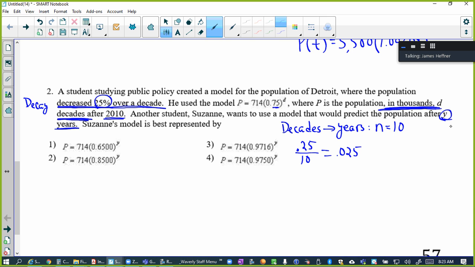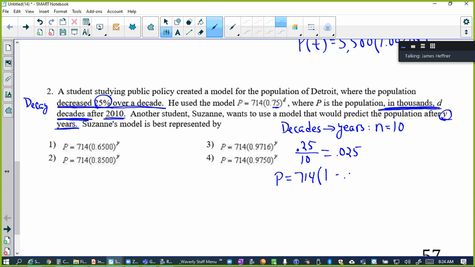It's going to be P equals what? P equals 714 times what? Times 1 plus, careful, it's decay, so it's just minus.